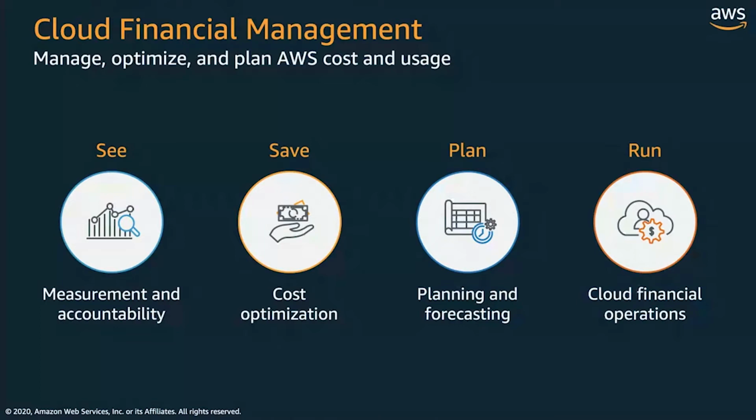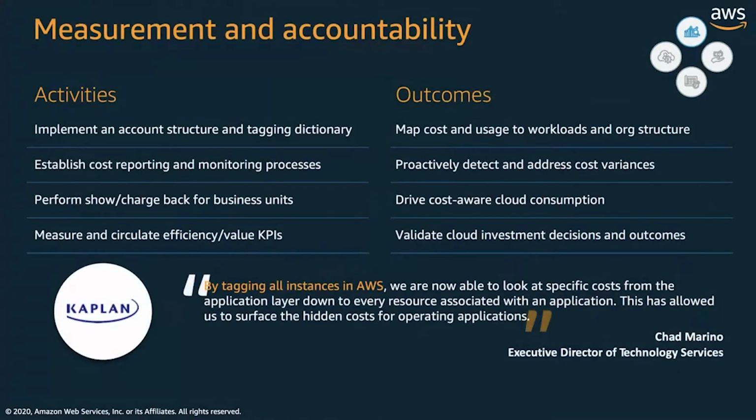The save piece is obviously about cost optimization, so configuring your use of cloud so it's the most optimal based on your demand for those services at any point in time. The ability to plan and forecast services, so we have features in the console that allow you to forecast costs. You can actually set budgets based on those forecasts as well. And then the run piece is how you do cloud financial operations over a period of time.